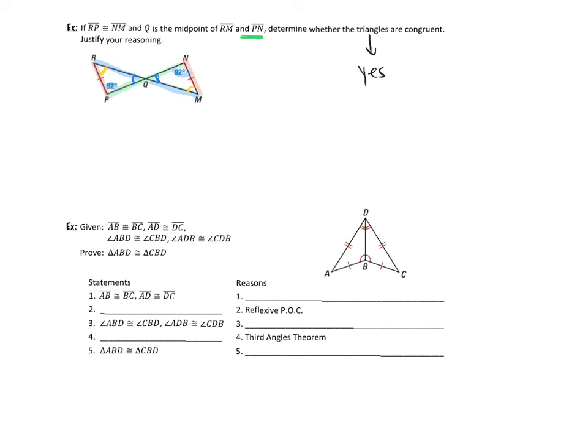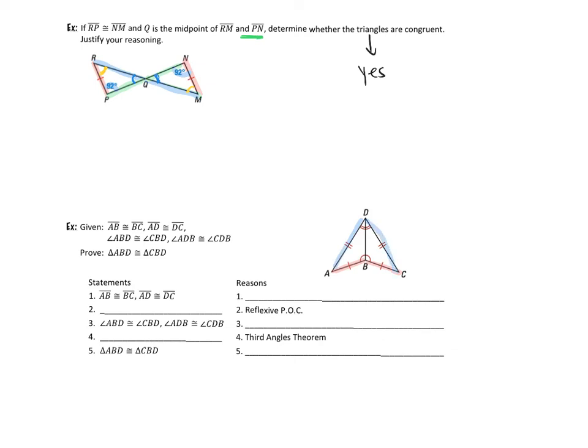In our final example, we're going to complete this proof. We actually have quite a few givens. So we are told that AB is congruent to BC, that AD is congruent to DC.